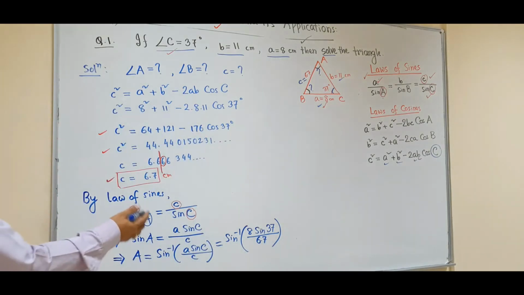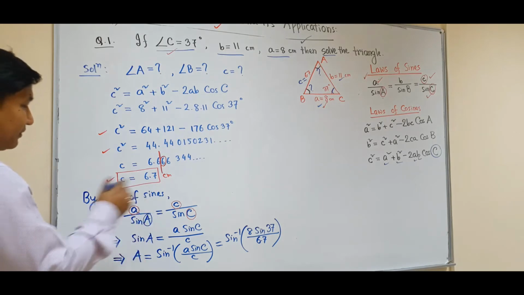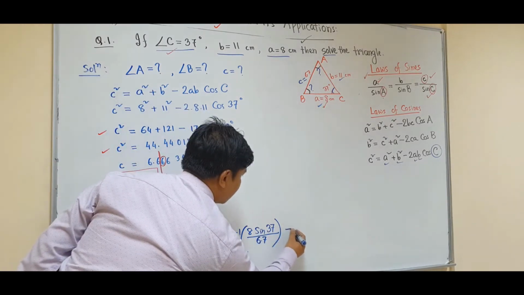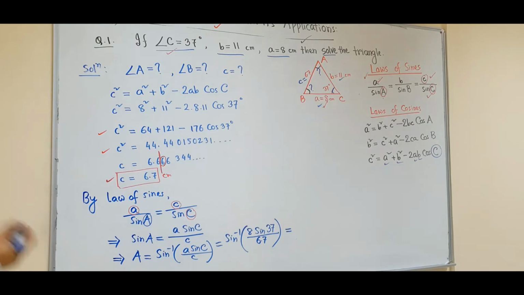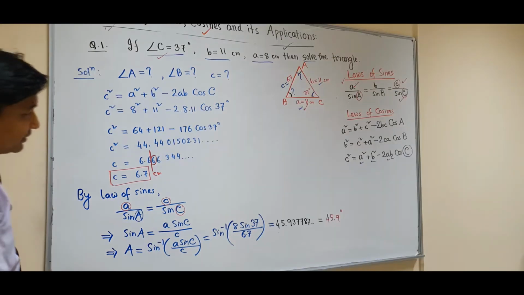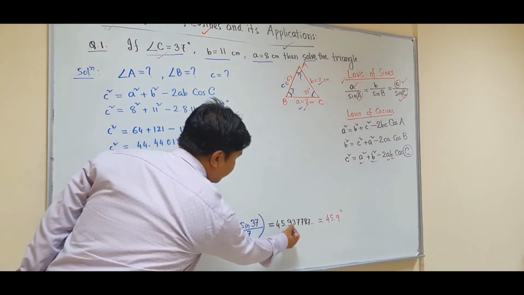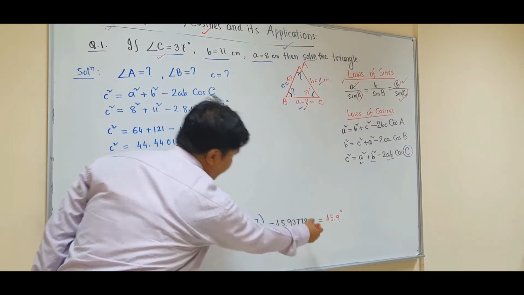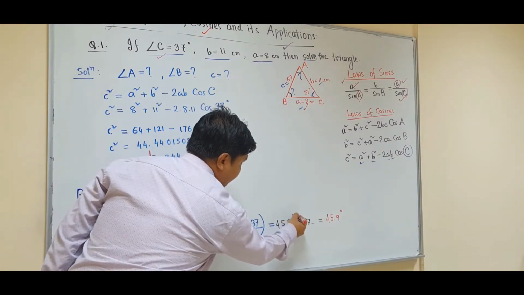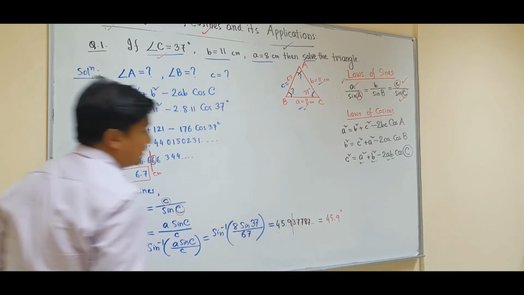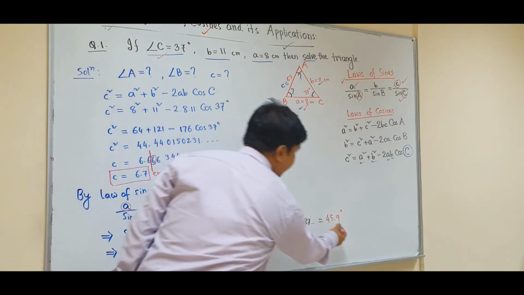So we have to use the calculator to find this value. So we will find out now using the calculator. Can you tell me the value? Yes, you are right. That gives you 45.937787 and so on. So that if we want to write till here, that will give you 45.9 degree.